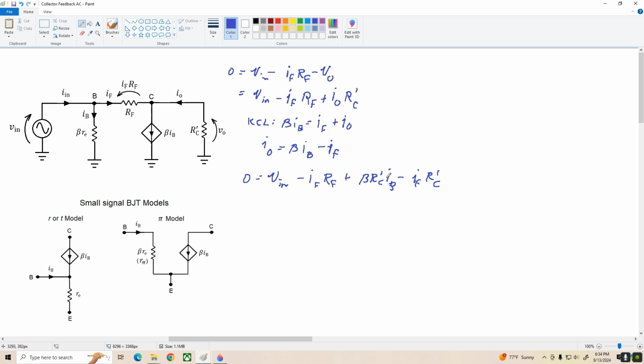What we've got is one equation in two unknowns. The unknowns are I sub F and I sub B.